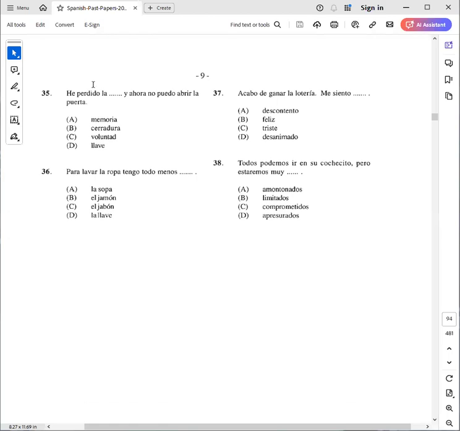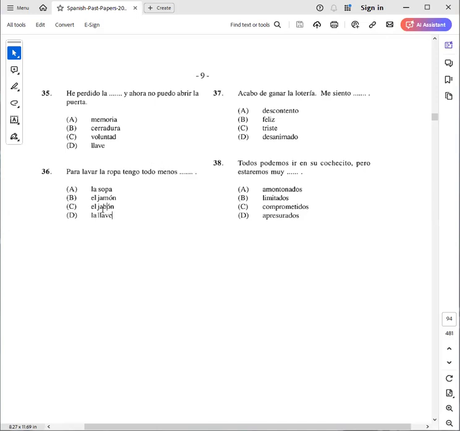35. So I've lost something and now I cannot open the door. So it's the key, obviously. D, llave. Number 36. Right?